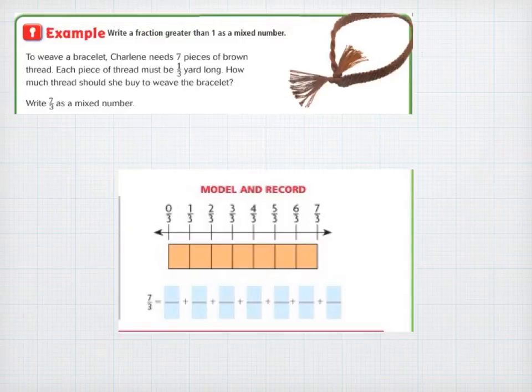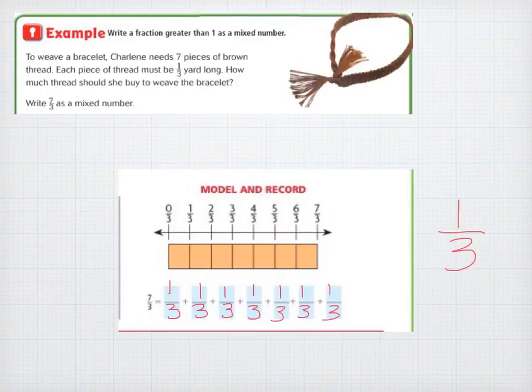The unit fraction for third is 1/3. So how many 1/3 pieces equal 7/3? It's 7. 7 1/3 pieces equals 7/3. As we break this up into the 7 1/3 pieces, it becomes easier for us to group together the pieces to find our wholes.